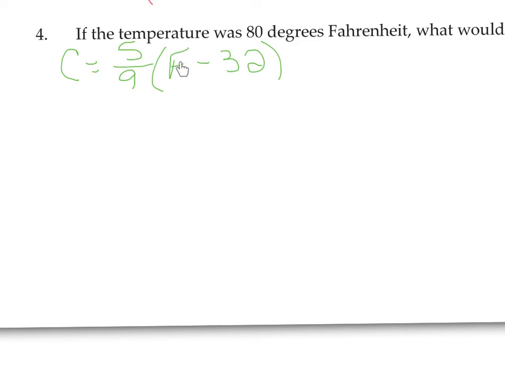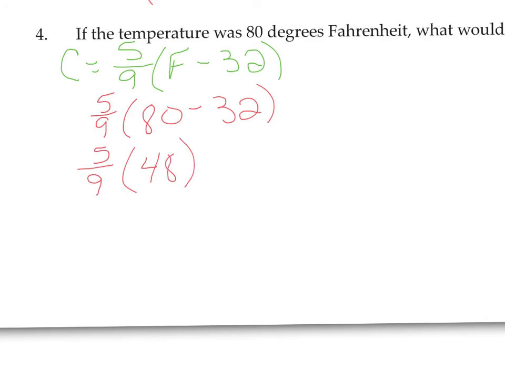So the Fahrenheit temperature will go in here, and that's 80. So we'll substitute an 80 in there. So it'll be 5/9 times (80 minus 32). And that subtraction, 80 minus 32, gives you 48. So you're multiplying 5/9 times 48, which you could write as 48 over 1.